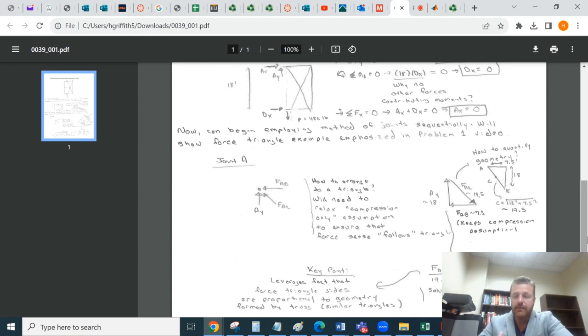We've talked about law of sines, we've talked about law of cosines, but oftentimes when you're using force triangles, the easiest way to do it is just to use a similar triangle proportionality side length approach.